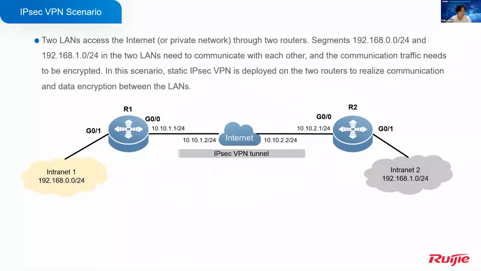In this scenario, we have two LANs: 190.160.0.0, which needs to communicate with 190.160.1.0, another private IP range. We have two routers between the sites you need to deploy, and also the internet. This is the router IP address, and this is the WAN IP address used for the IPsec VPN tunnel.